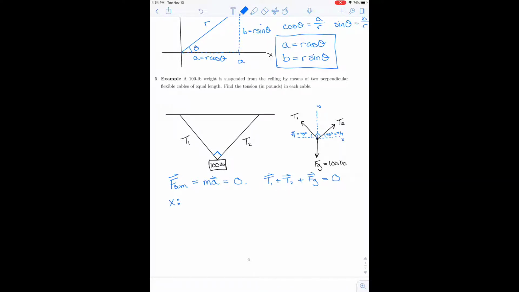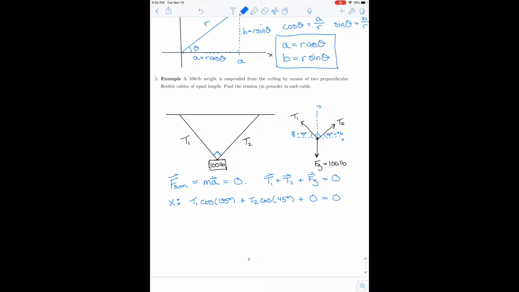So for the x direction, the x component of T1 is going to be T1 times the cosine of the angle, which we will say is 135 degrees, plus T2 times the cosine of 45 degrees, plus the amount of the force due to gravity in the x direction, which we can clearly see is 0. I'm going to set that all equal to 0.